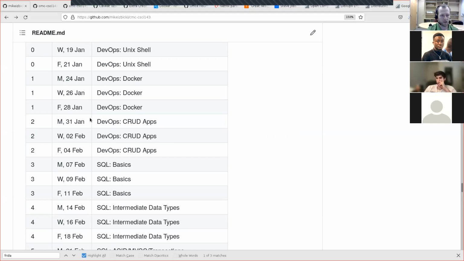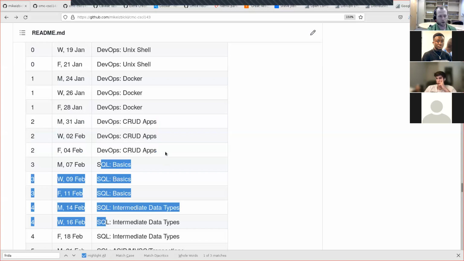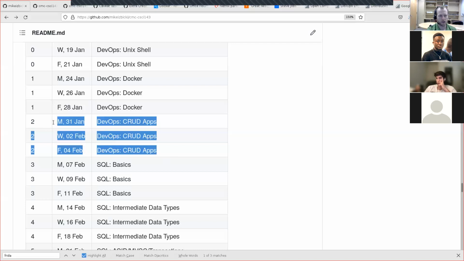And this is the time when the web development will be coming into that. You're not going to be doing any super heavy web development. It's basically just copying and pasting web code that other people have. And then when we talk about the database stuff, that'll be sitting as a particular part inside of this CRUD application.